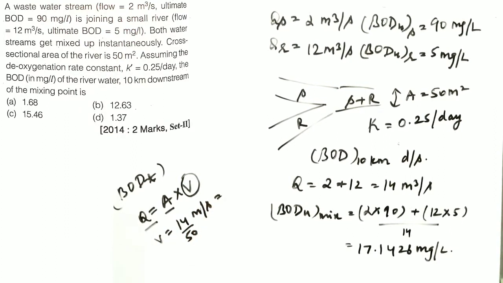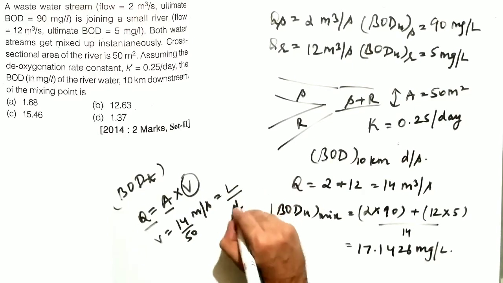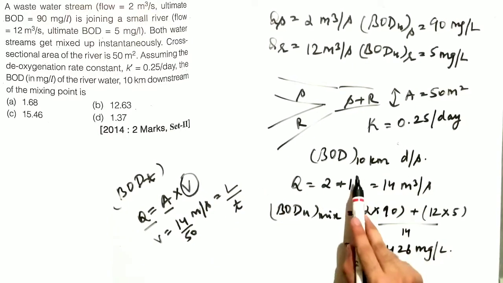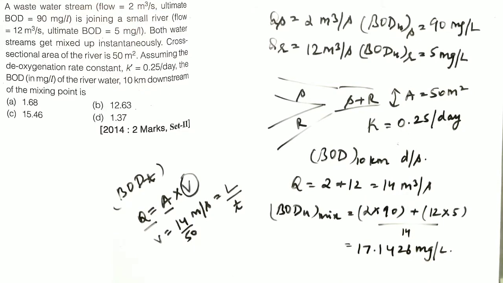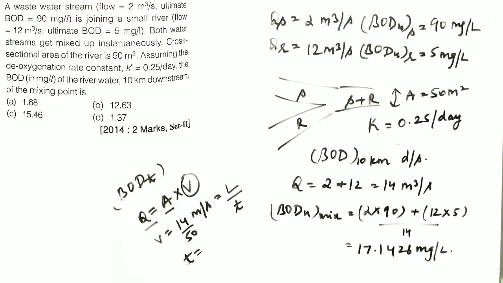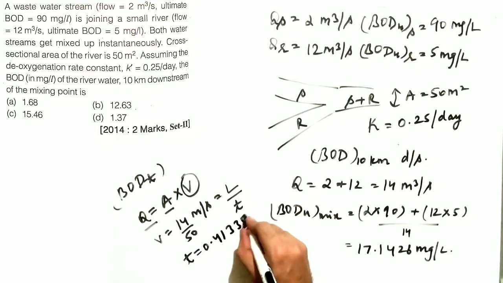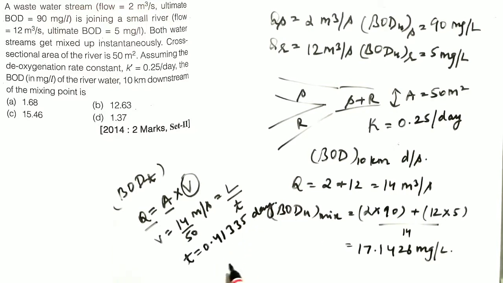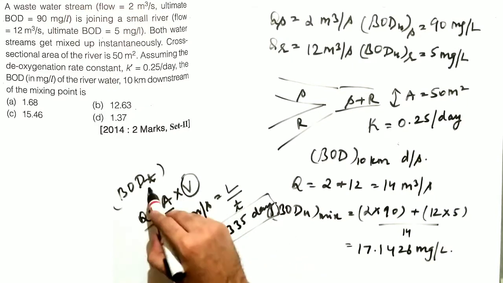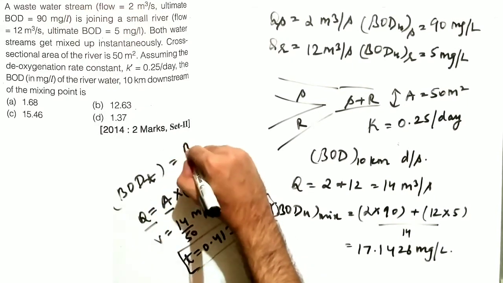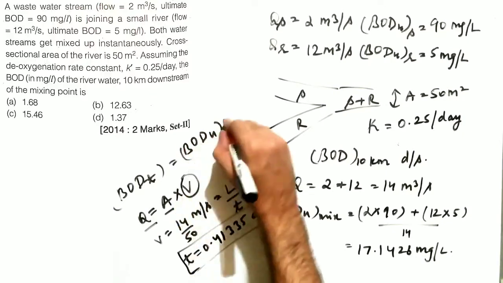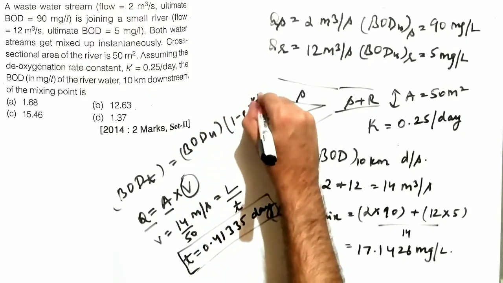Now you know velocity is equal to distance upon time. Distance is 10 kilometers, 10,000 meters. From this you can calculate the value of time in seconds and convert that into days. This comes out to be 0.41335 days. Now you can put this value in the BOD T formula, that is BOD ultimate into 1 minus e to the power minus kt.